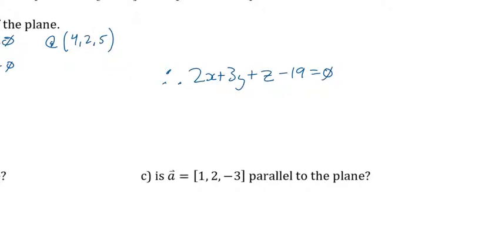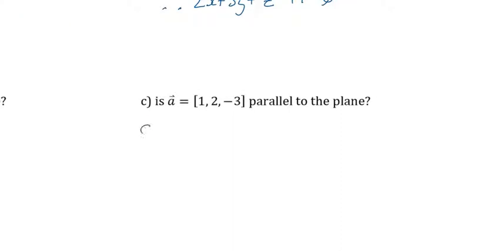So we're going to check A dot N. Check the dot product with the normal, because the normal is perpendicular to all vectors parallel to the plane, because it's perpendicular to the plane. So any vector that's parallel to the plane will be perpendicular to the normal.